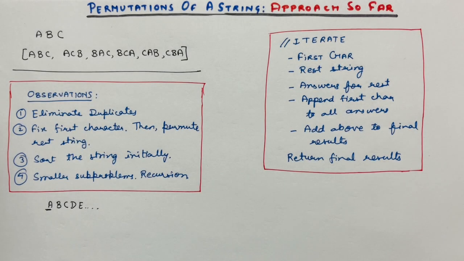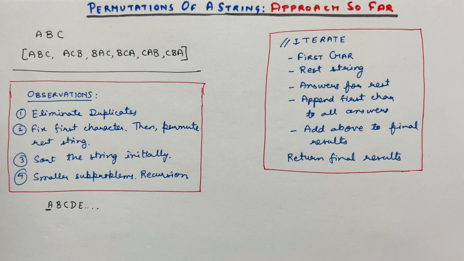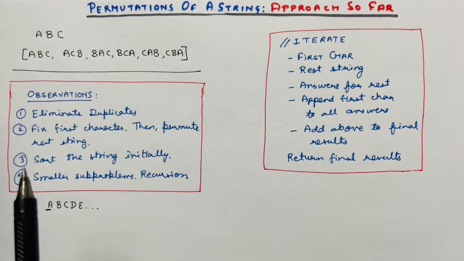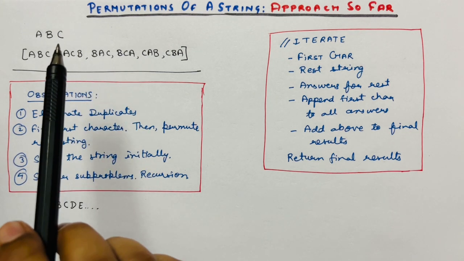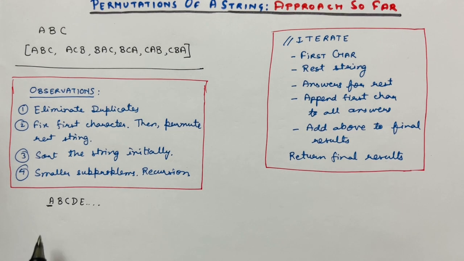Let us now see the approach that we have so far. So far, we know that the permutations for the string ABC are nothing but the permutations when the first character is A plus the permutations when the first character is B plus the permutations when the first character is C. Now, how do we know what are the permutations when, let's say, the first character is A? In this case, we simply ask ourselves to get the permutations for this string.